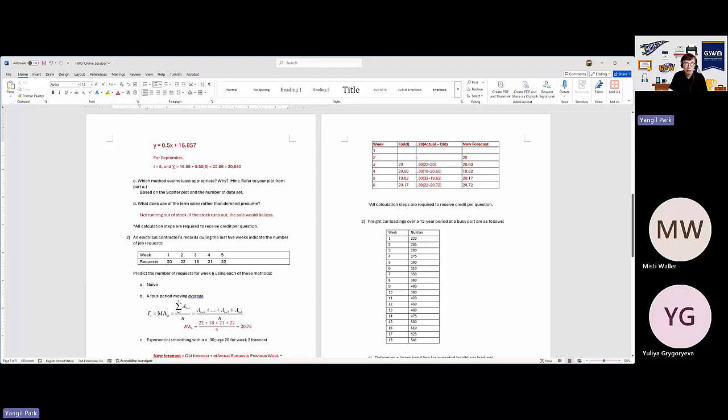But since we talk about week 2's forecast, that's how you start from week 3. So you don't have to calculate week 1 and week 2. Then plug in again, and your forecasting number is 20.72 based on the smoothing method.